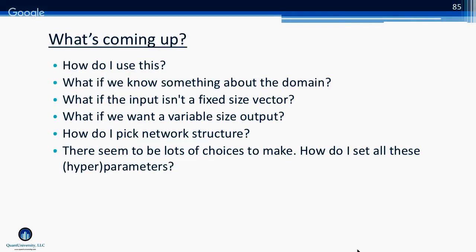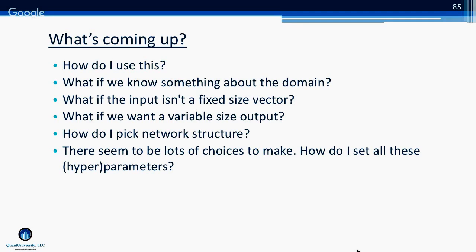So some things that we'll talk about next, that we haven't covered yet. Sometimes we can make assumptions about the data. For example, in visual data, things that are close together are probably more relevant than things that are far apart. How can we take advantage of that? We already briefly mentioned sometimes our inputs are not a fixed length vector, but say a sentence, which can be of any length.